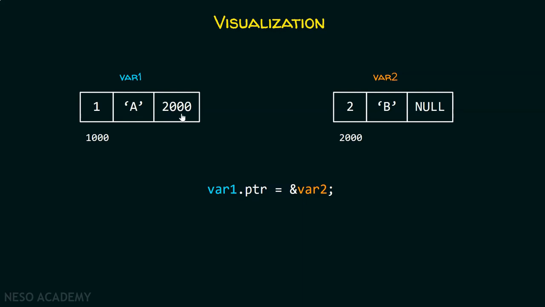After storing this address, of course, we can access var2 easily with the help of var1 as well, because var1 holds the address 2000, which is the address of var2. This means that var1 has the capability to access var2. So I have represented this relationship with this arrow over here. This means that var1 can access var2 members as well.